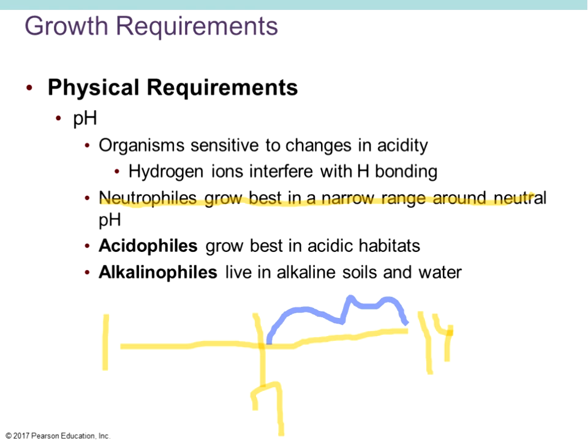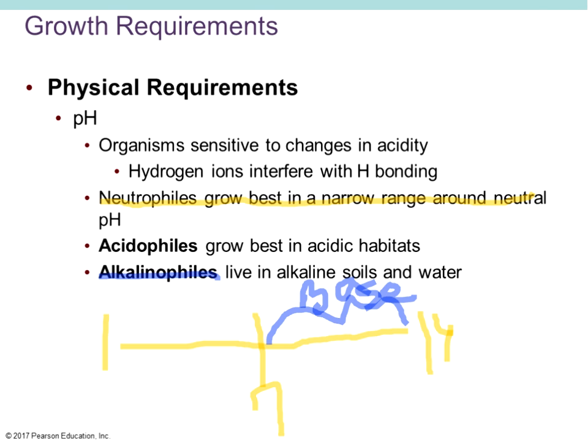Anything above 7 is considered alkaline or a base. Things that like pHs above 7 live in alkaline soils and alkaline water, so anything that's got a pH higher than 7.